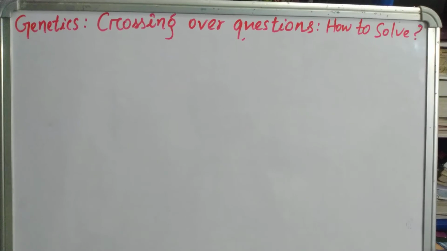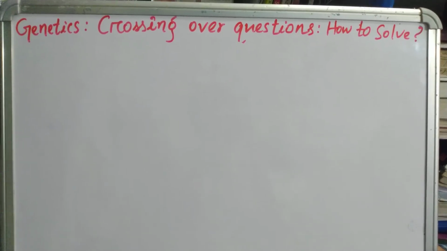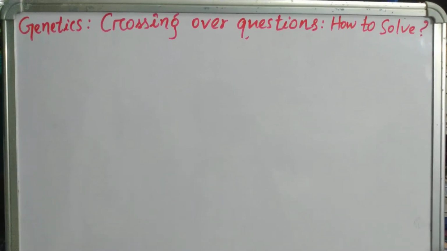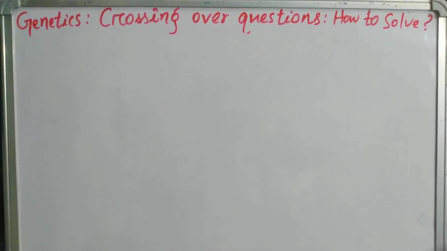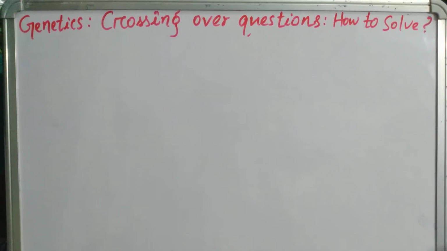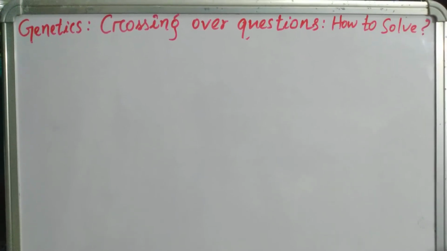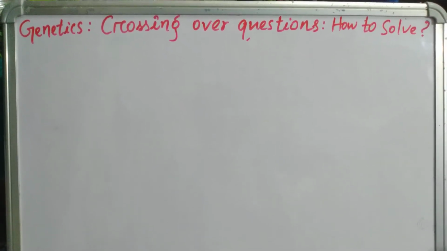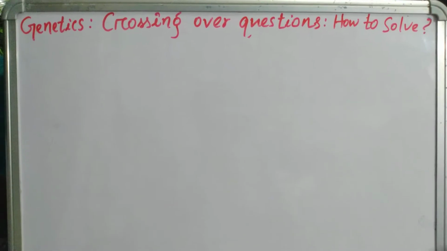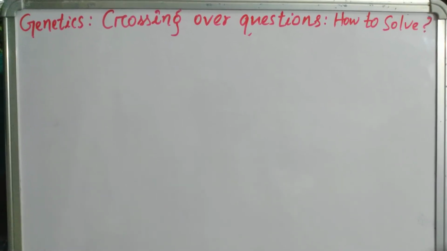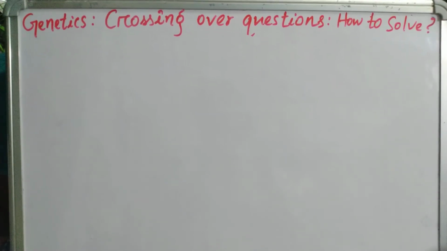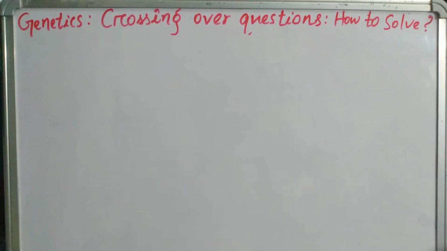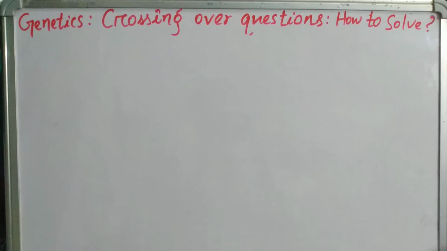Today we are going to learn how to solve crossing over questions from genetics. Many people think that questions related to crossing over are very complicated and it's easy to leave such questions during examination. But believe me, these are the questions which will help you score more in CSIR JRF or GATE.